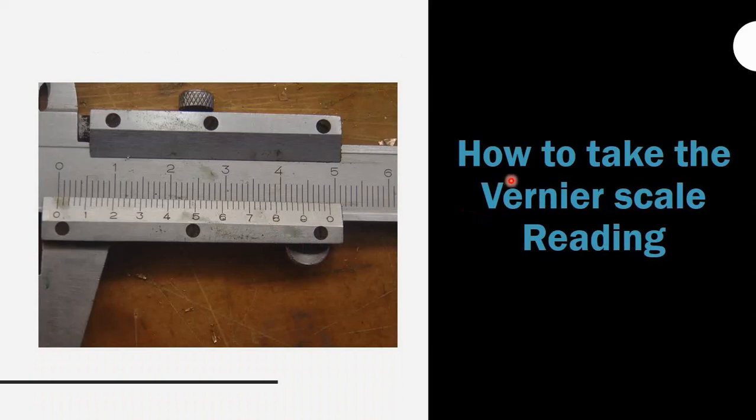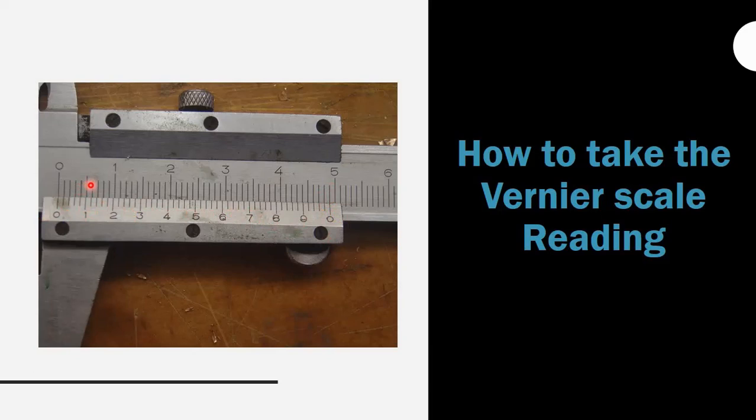Then let's learn how to take the vernier scale reading. This is the vernier scale section, and this is the main scale section. Suppose this is 1 centimeter, 2 centimeter, 3 centimeter, 4 centimeter, and 5 centimeter. But let's see the line where the vernier scale division is matched.